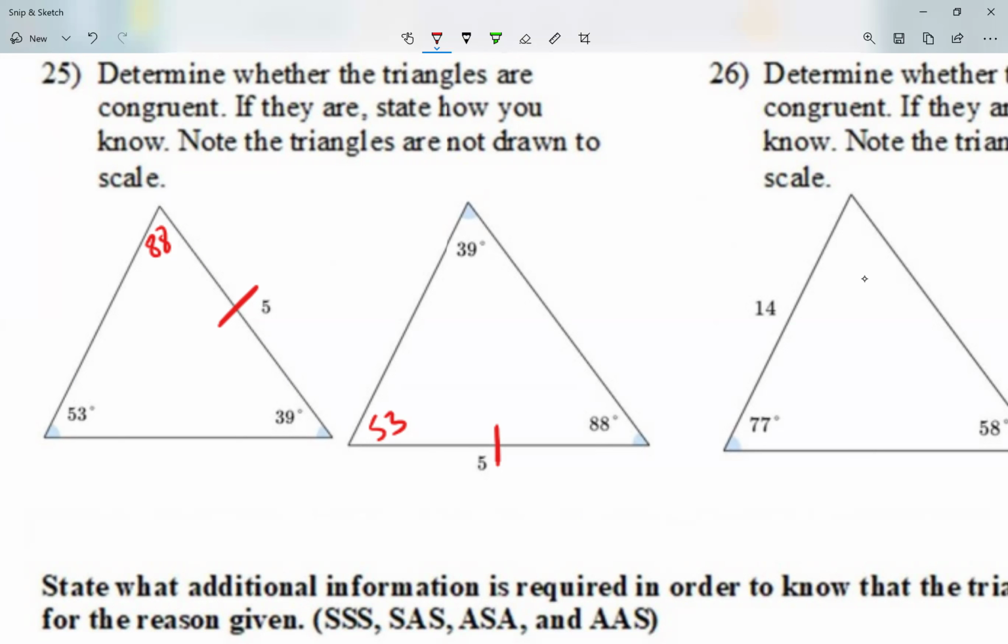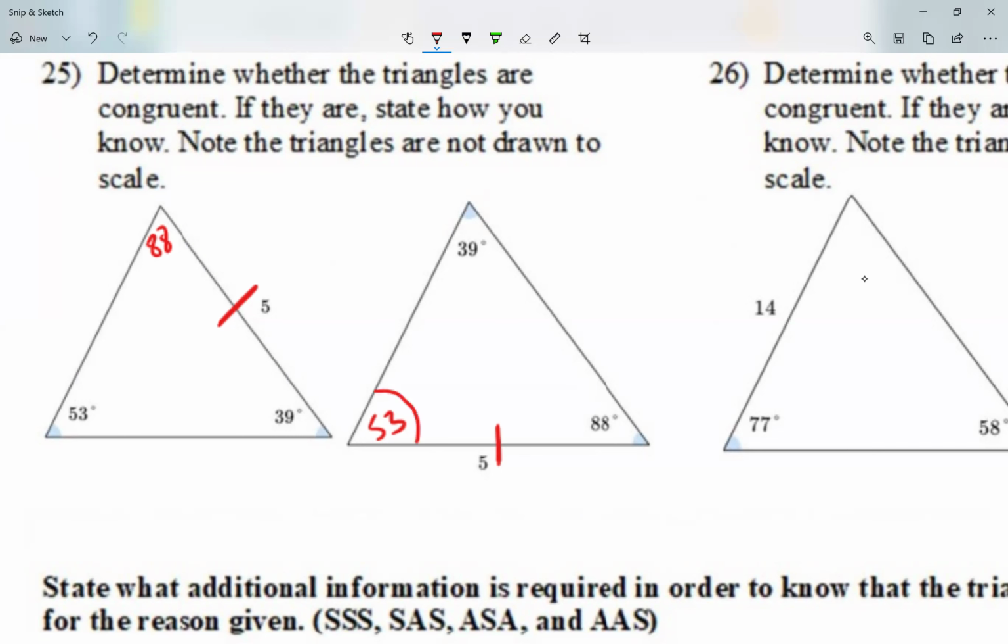The angle 53 follows this angle here, 53. And then on the first triangle, the two angles that were marked are these two. So following the markings from the first triangle, the two angles that were given were 53 and 39. So 53 and 39.